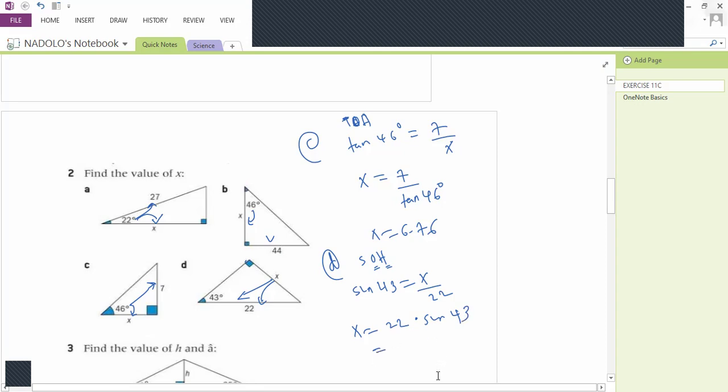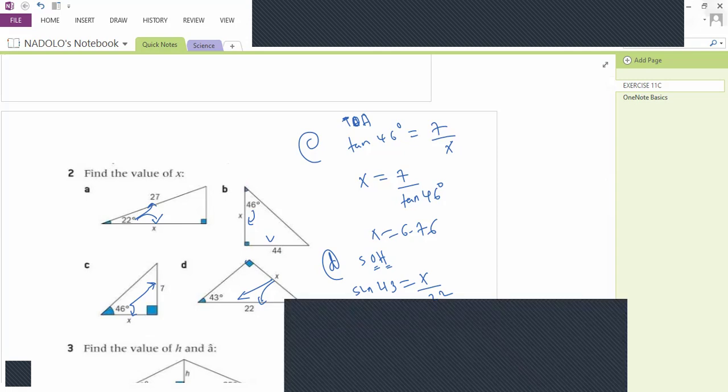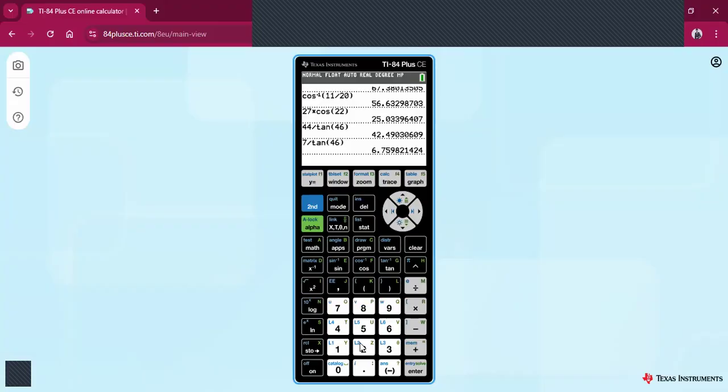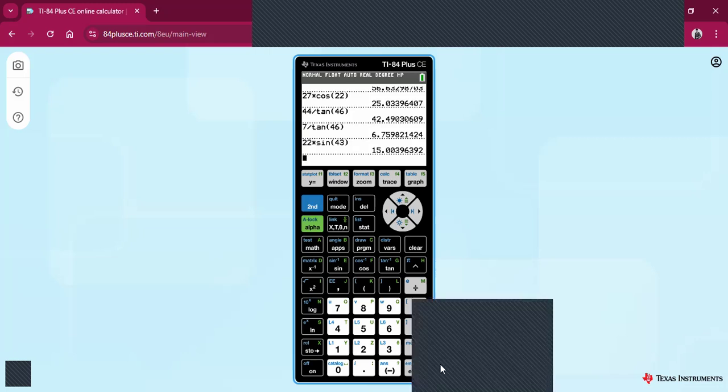So you're going to use a GDC to input 22 multiplied by sine of 43. 15.00, the three significant figure is 15.0. On this other side, 15.0.